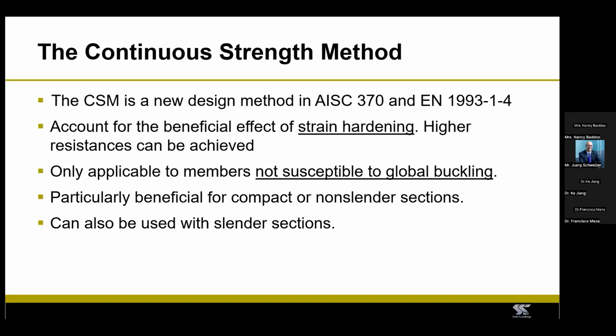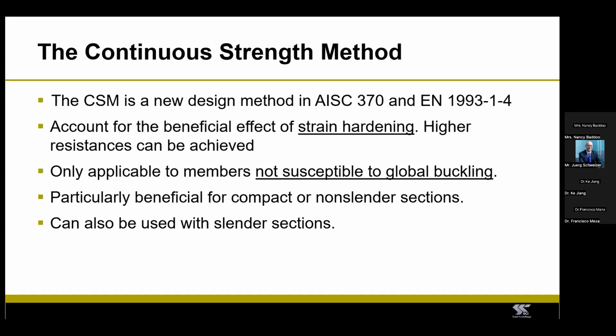The method is different from any of the methods you might be familiar with. And the key of this method is that it is able to take into account the additional strength that results from strength hardening.